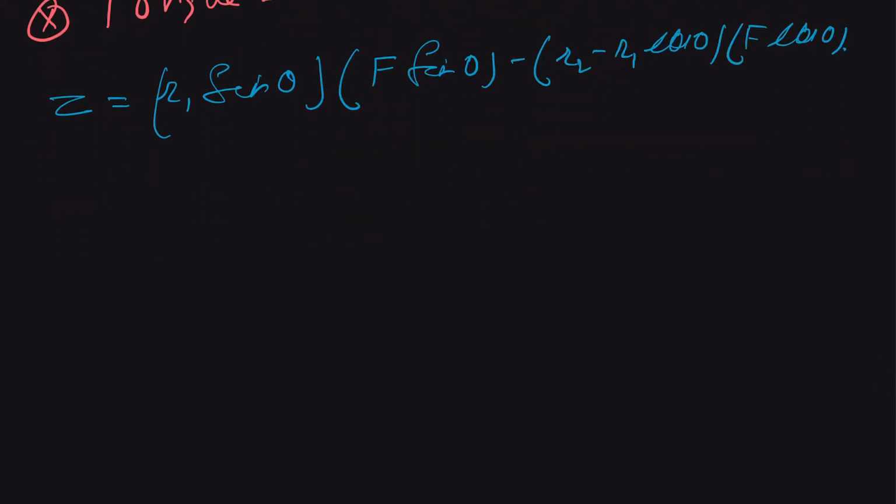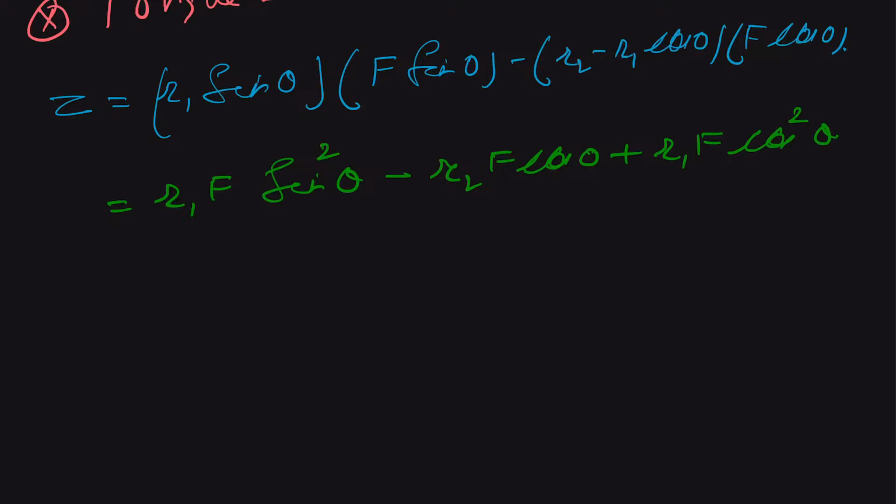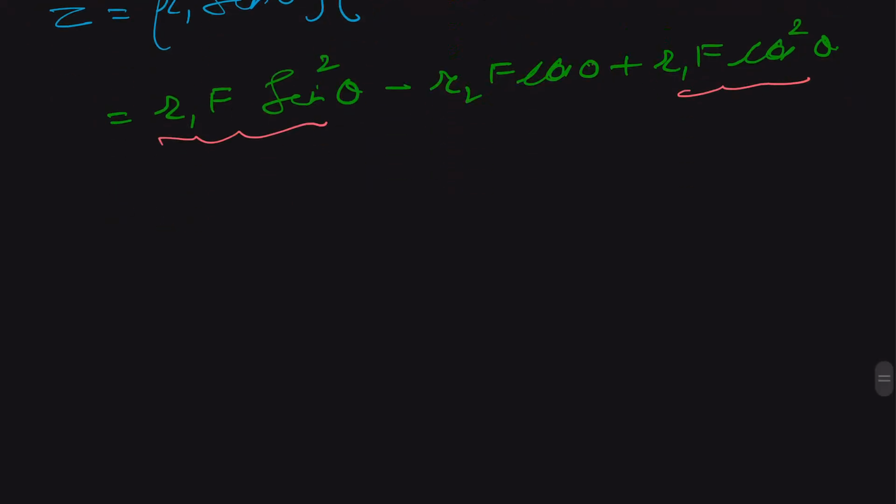So we just open the bracket, we get this as r1 F sine square of theta. This comes minus r2 F cos of theta plus r1 F cos square of theta, and we can combine these two terms, r1 F sine square and r1 F cos square.